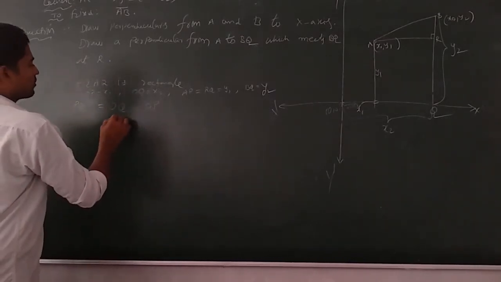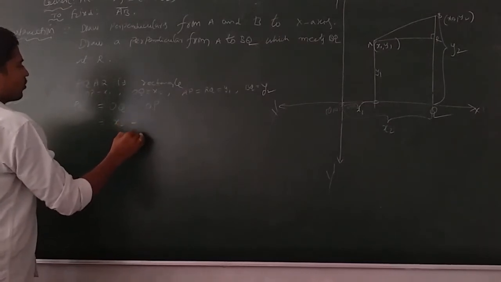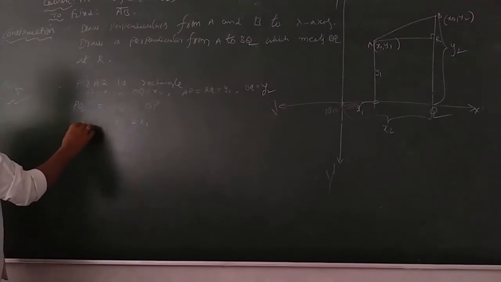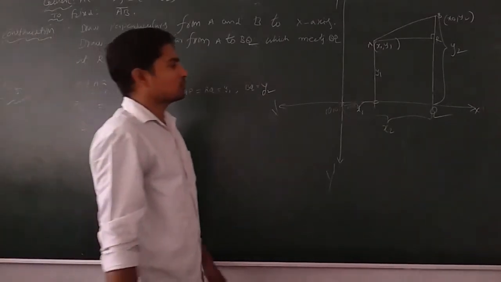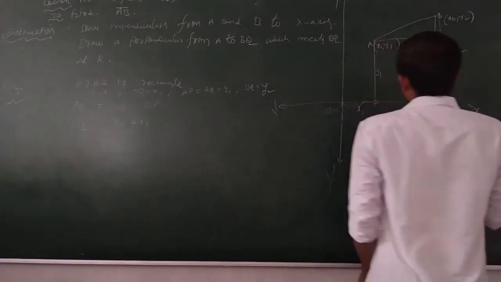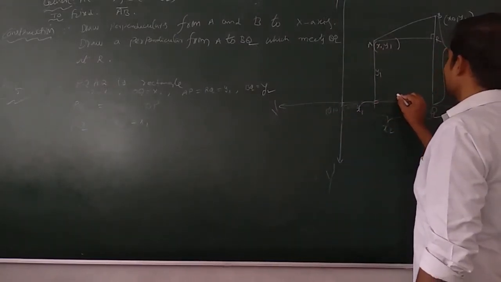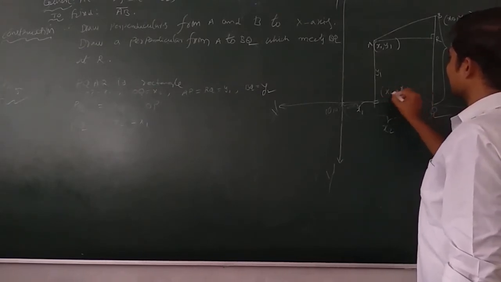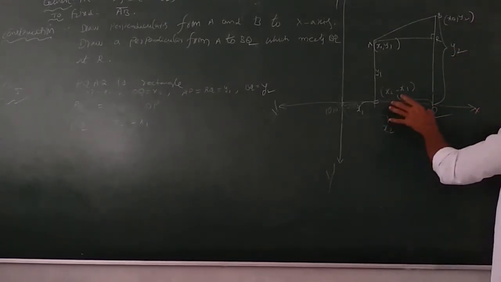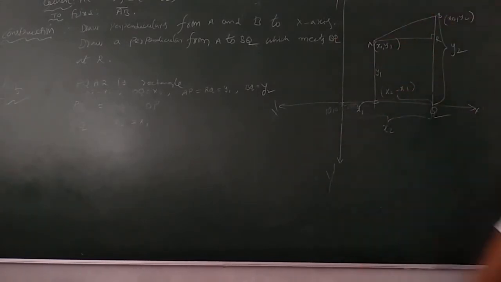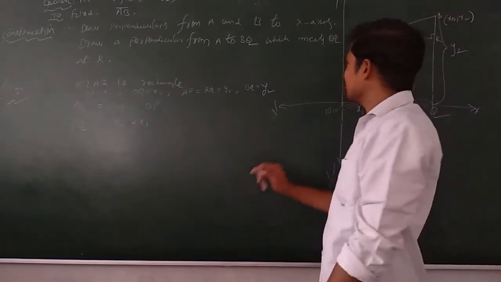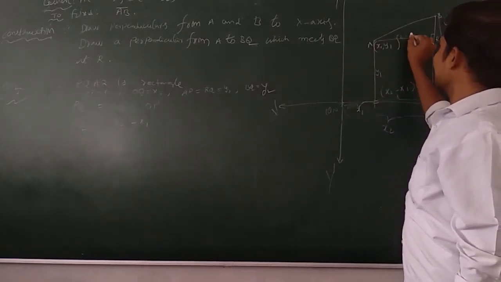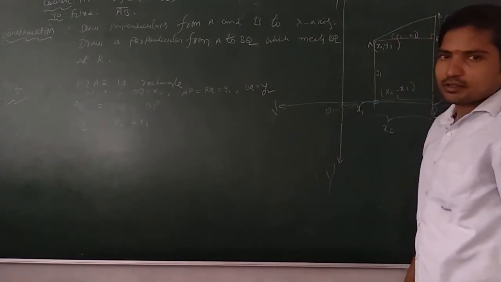So OQ is x2, OP is x1, so x2 minus x1. PQ is equal to x2 minus x1, then AR also becomes x2 minus x1.